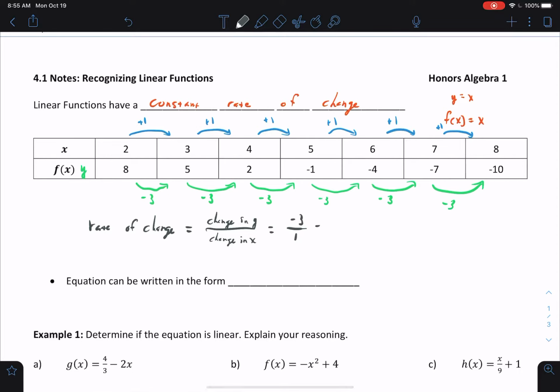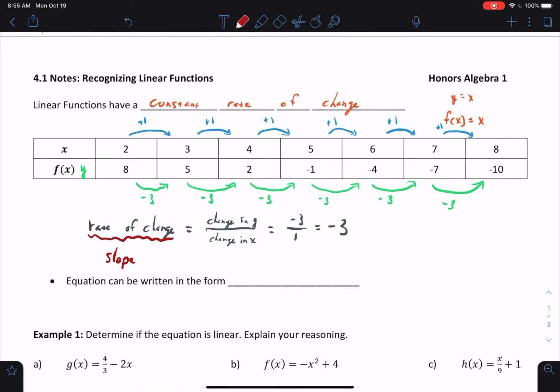So the rate of change here is negative 3. Every time the x goes up by 1, the y is going down by 3. Another word for rate of change, which we'll get into later on in this unit, is called slope. So that's the slope of the line. That's going to be a big buzzword that we're going to use this unit.